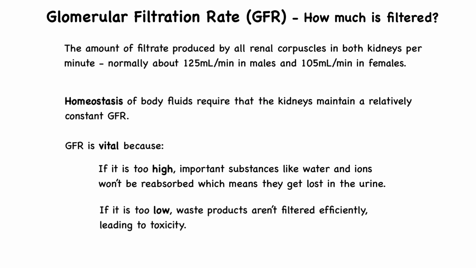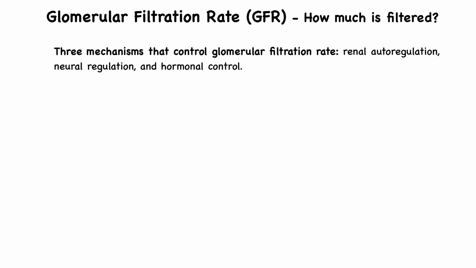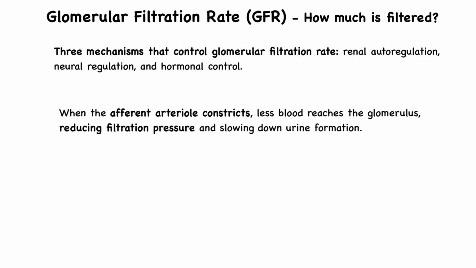There are three mechanisms that control glomerular filtration rate: renal autoregulation, neural regulation, and hormonal control. These mechanisms work by adjusting the afferent arteriole, the small artery that supplies blood to the nephron. When the afferent arteriole constricts, less blood reaches the glomerulus.